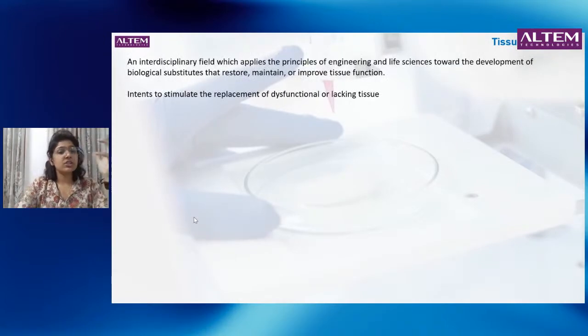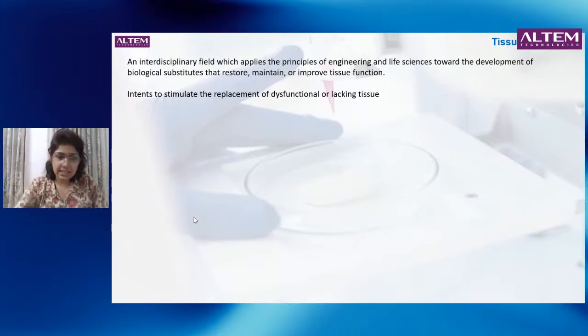Tissue engineering is ideally an interdisciplinary field that applies the principles of engineering and life sciences, and the idea is to develop biological substitutes in order to restore, maintain, or improve tissue functions. It is ideally applied in the area of regenerative medicine. Basically, you are trying to regenerate, regrow a part of your body which is not functional with something that can induce function into it and allow the growth of that part in your body.